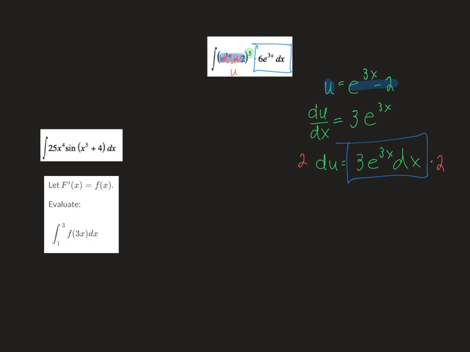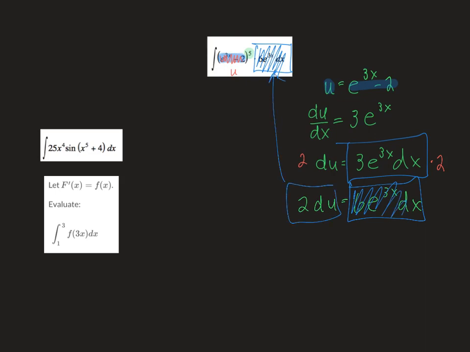And now this becomes 2 du equals 6e to the 3x dx. And now I have an exact replacement. So this 6e to the 3x dx matches this exactly. So I'm going to replace that box with 2 du.